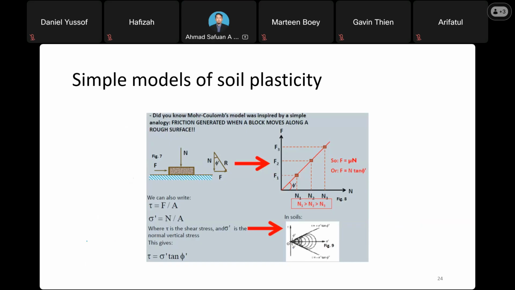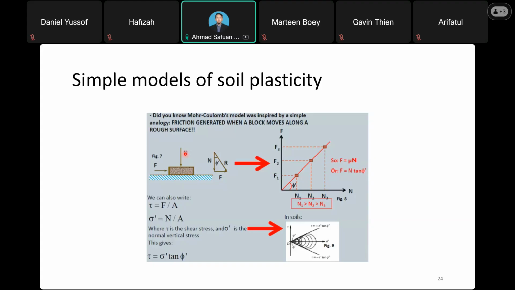Then we have a normal force acting on a block, and a lateral force that pushes the block to be moved.